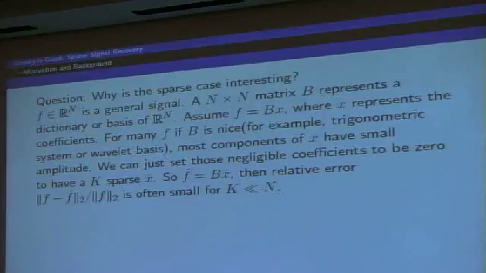For many f, if B is nice, for example a trigonometric system or wavelet basis, most of the components of x have small amplitude. We can just set those negligible coefficients to 0 to get a k-sparse signal x hat. So f hat equals B multiplied by x hat. This gives us an approximation of f, and usually the relative error is small for k much less than n.